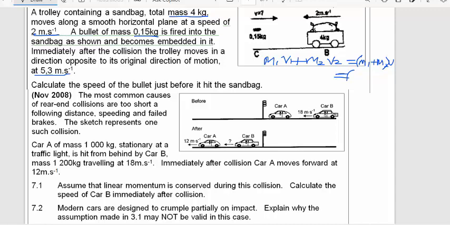The side I'll be concerned about will be the left hand side, because I am calculating the velocity for the bullet. But before I indicate that, let me just go 4 plus 1.5, and then I have the same velocity after the bullet has struck, which is 5.3 meters per second.